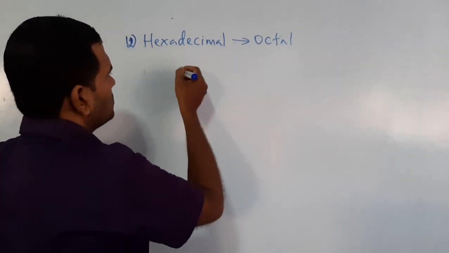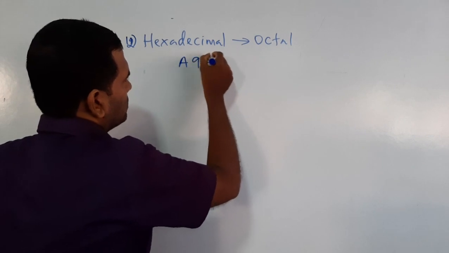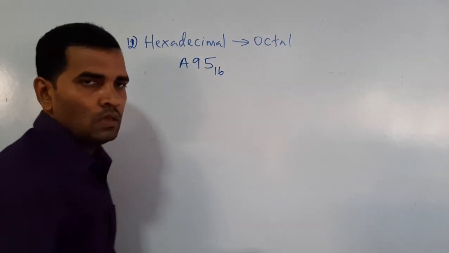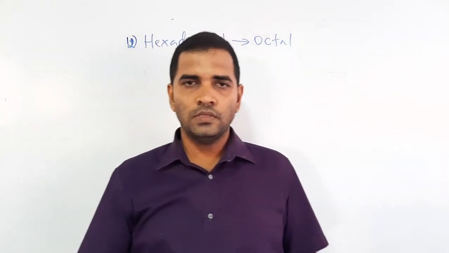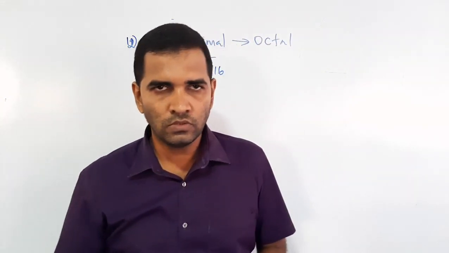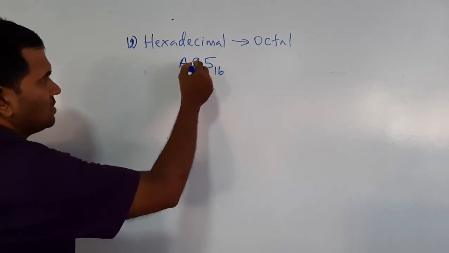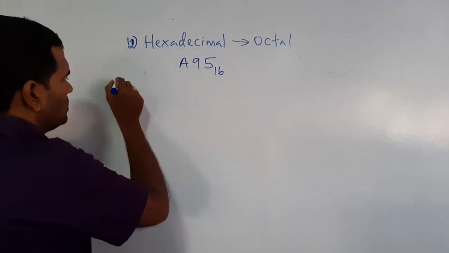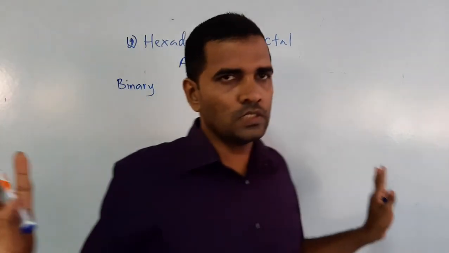Straight away I take a simple example: 895 base 16. Let's see how to convert this hexadecimal number into octal. What is the first step? This has to be converted into binary. Don't memorize anything.